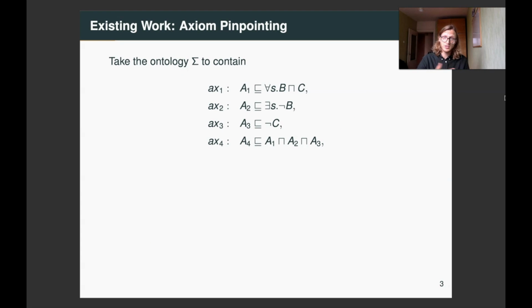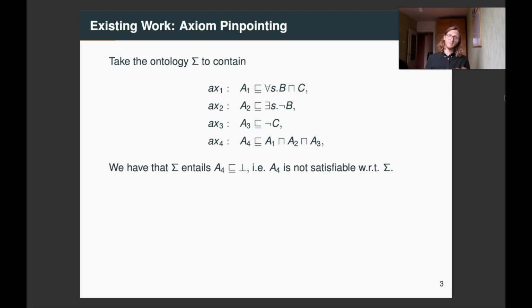To illustrate how axiom pinpointing works, suppose we have a number of axioms. We are using description logics for this example. In this ontology, concept A4 is not satisfiable, that is, the axiom A4 implies bottom is entailed.